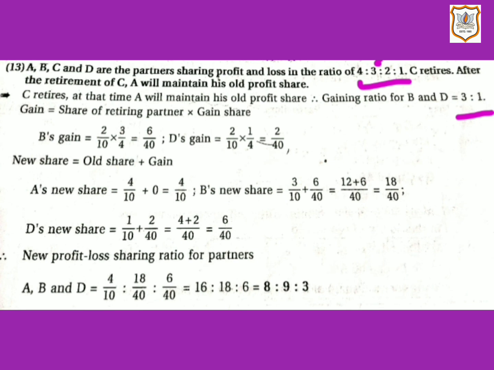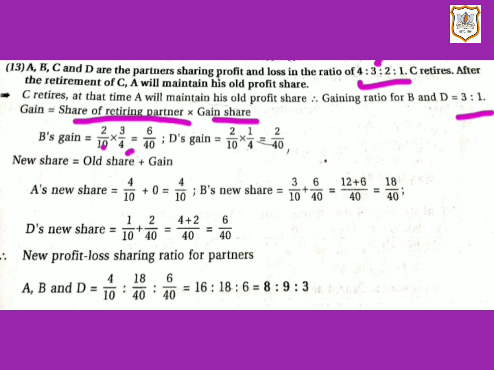Now, as we have the gaining ratio, our next step is to find out the continuing partners' gain, where the formula for gain is equal to share of retiring partner multiplied by gain share. So let's find out B's gain. Here B's gain is equal to 2/10, that is the share of the retiring partner, multiplied by 3/4, that is B's gain share.